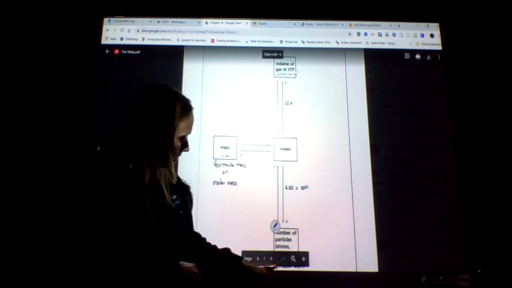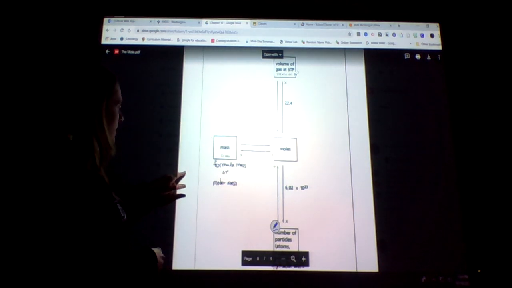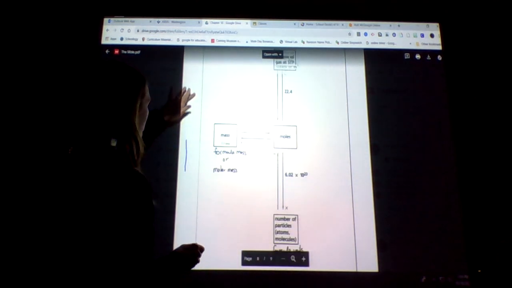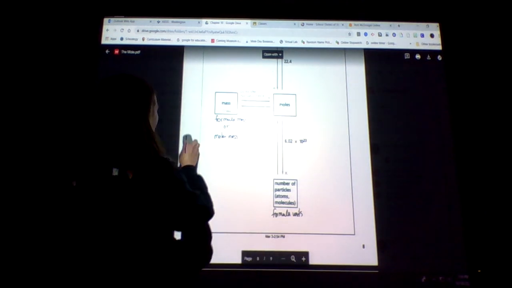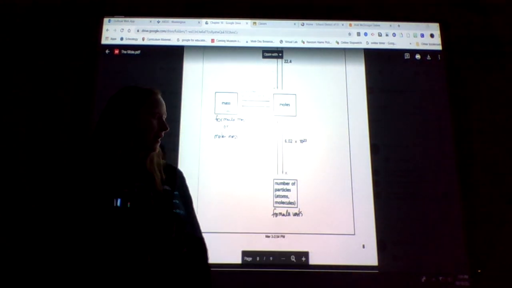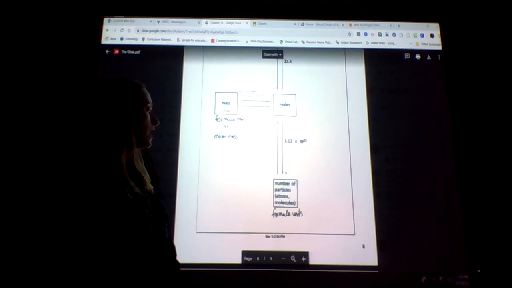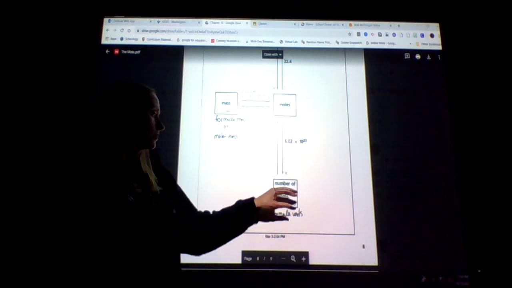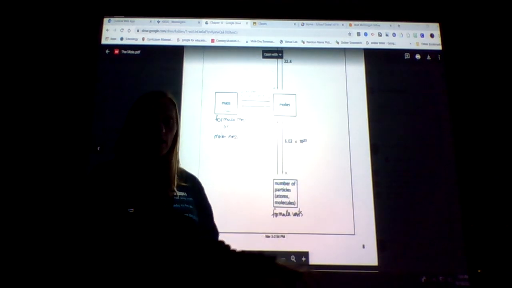The other one is a little hard to see because of the shade. Let me see if I can get it to move up a little bit. Okay. Formula units will be another term for number of particles, atoms, and molecules.